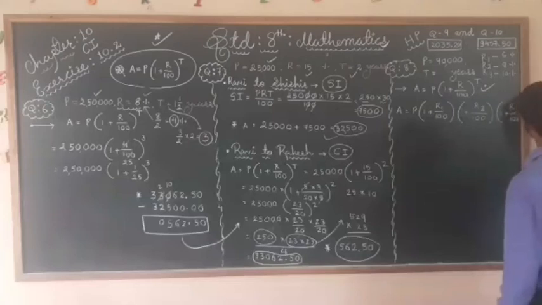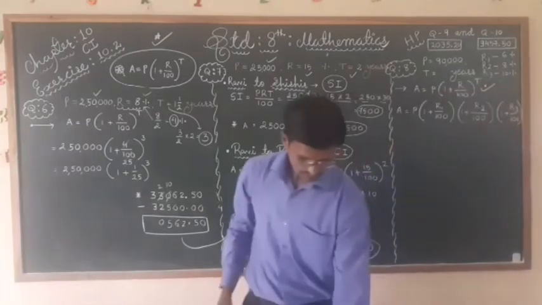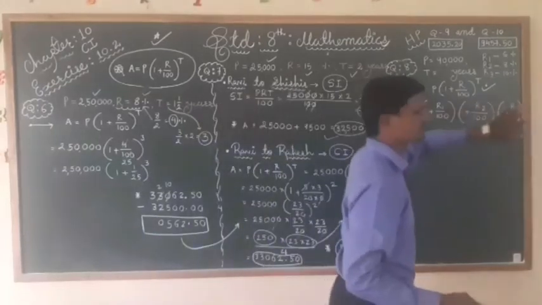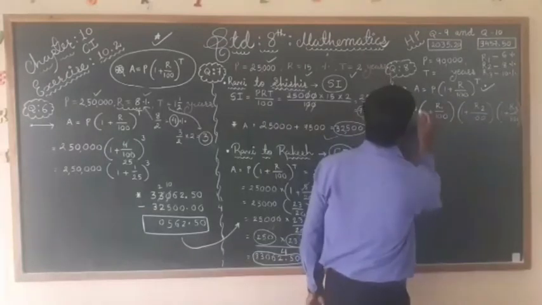So this 3 times rate is given, so we can use this formula. Got it? So by looking at this, the term of 3 years is clear, the rate is also clear.